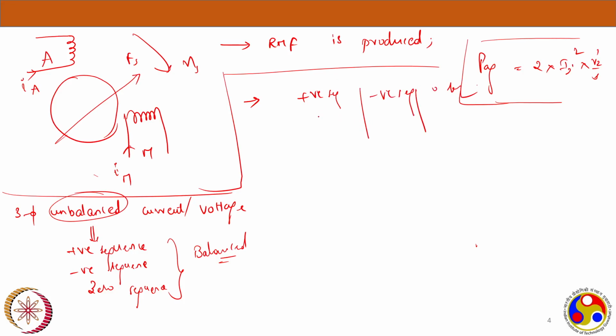If the positive sequence has a phase relationship of A, B, C, then the negative sequence has the reverse notation, A, C, B. The zero sequence means they are co-phasors, so you can write it as co-phasor.